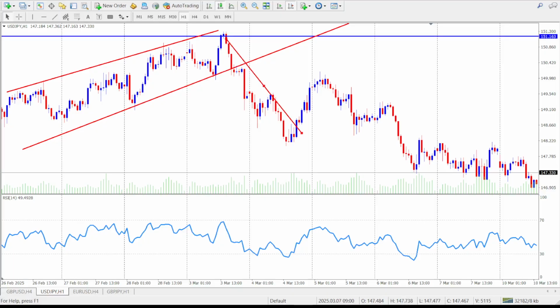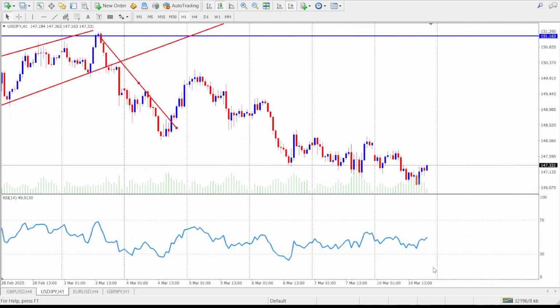On the other hand, when the RSI is below the 30 level, it indicates that the asset may be oversold and it could bounce back up. So there is a possibility of us seeing a bullish reversal soon.